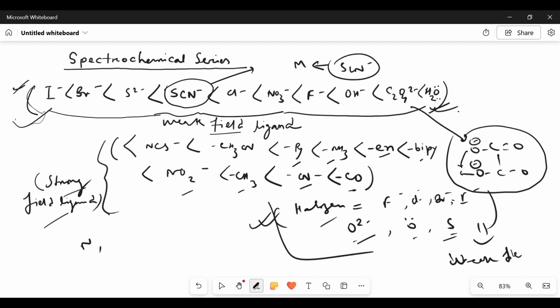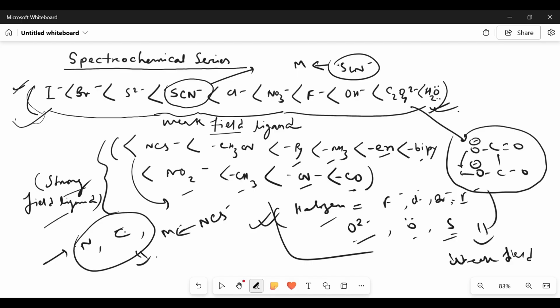Weak field. And if the donor atoms are nitrogen, carbon, then we can say the ligand will form a strong field ligand, because you know in NCS isothiocyanate, the metal coordinates with the nitrogen atom.